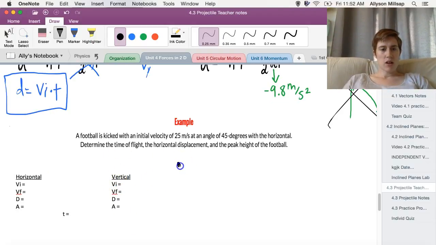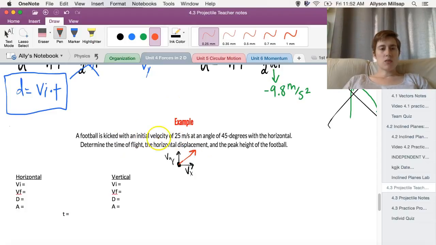Here's your object. We don't know vertically what it was thrown with and horizontally what it was thrown with. Vertically is your y and horizontally is your x. We don't know these. We do know the resultant speed. It says it was kicked with an initial velocity of 25 meters per second and the angle was 45 degrees.